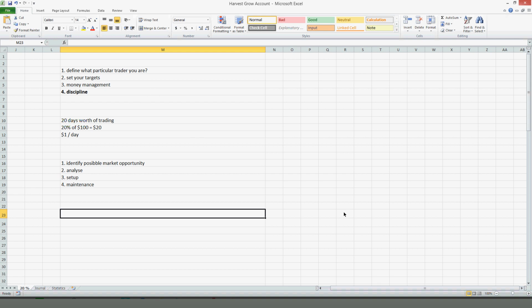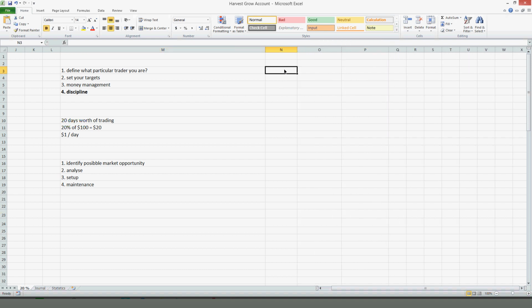So the first thing that you need to know when you're asking how do you define your trend is that you need to make sure that you know what particular trader you are. There are three different types of trading.